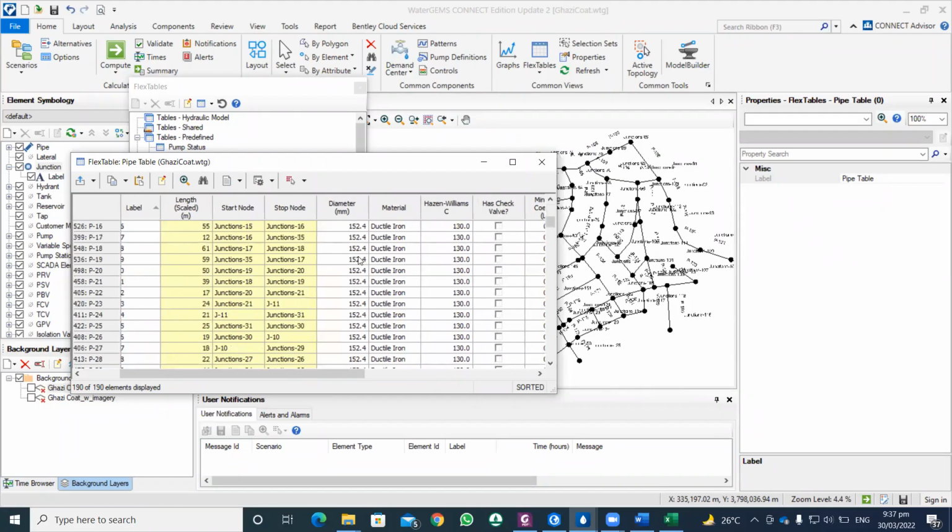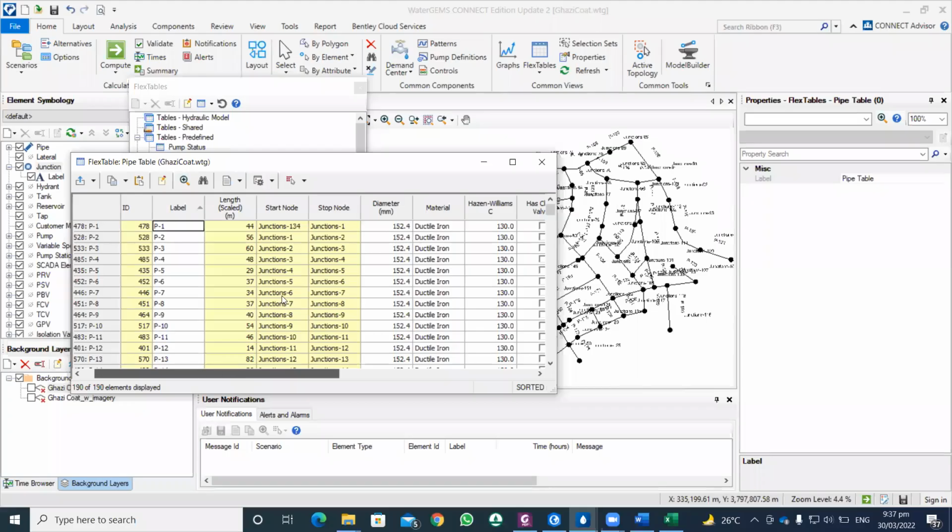The diameter will be designed, inshallah, when I start the lecture on designing a pump for a water supply network. After that we will design the diameter of each pipe. Here I am using a ductile iron pipe, or maybe a galvanized iron pipe, for the design.